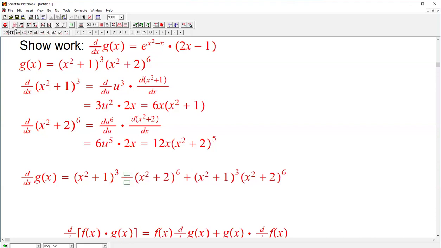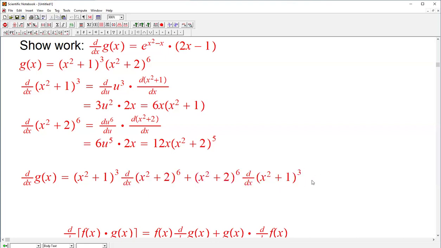We differentiate this part, and then we bring this up and differentiate the other part. If you can see that clearly. We keep one function and differentiate that, and we keep the other function and differentiate the other part.